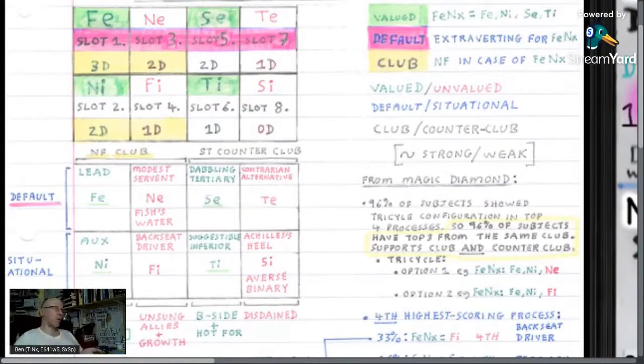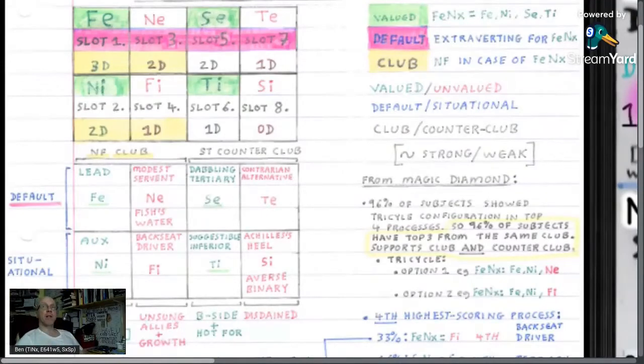And the same with clubs. This is particularly the case with abstract types, because the NF club is the NF temperament and the NT club is the NT temperament, the rationals and the idealists. It's different with concrete types, where you've got SP and SJ, where the SPs are half ST and half SF, and so the same with the Guardians, because there are different splits.